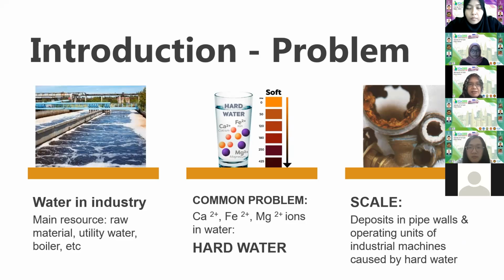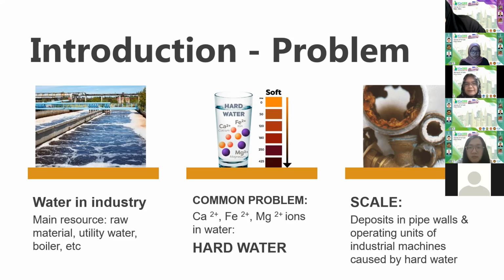The idea of this research comes from the fact that in industry, one of the very important resources is water. They use it for raw material and then for boilers or others. And then one of the problems is that sometimes we find that the water contains ions that we don't need, for example calcium or magnesium.